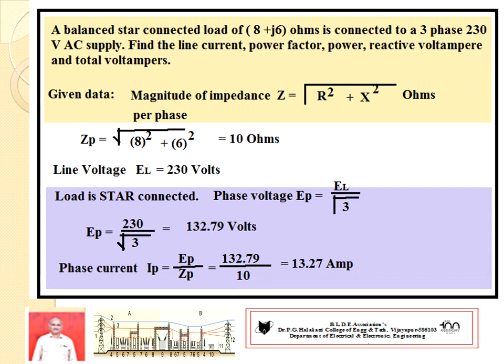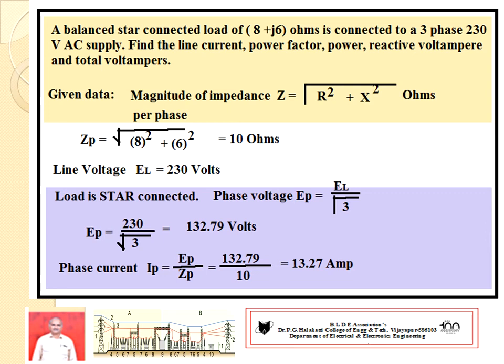Now calculate the phase voltage. In star connection, phase voltage equals line voltage by root 3, so 230 by root 3 becomes 132.79 volts. Knowing the phase voltage and the phase impedance, go for the phase current.